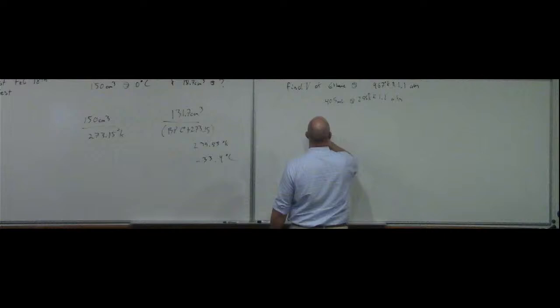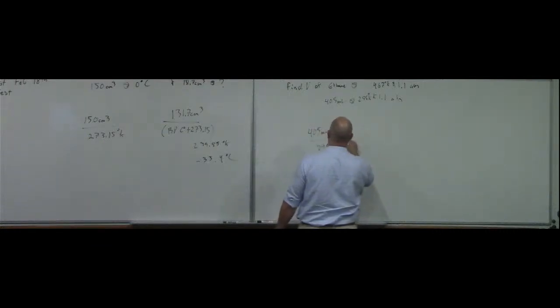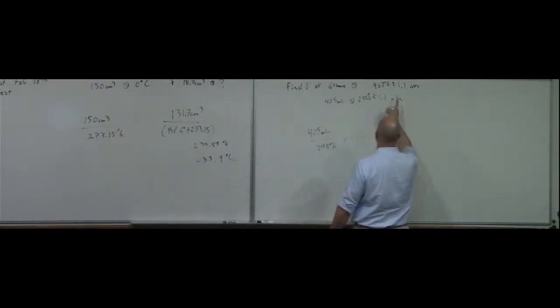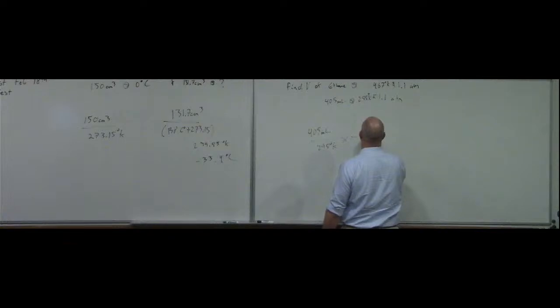So my V1 is 405 milliliters over 298 degrees Kelvin. I cross multiply. And my second one is 467 degrees Kelvin. And I'm simply trying to solve for my V2, right?